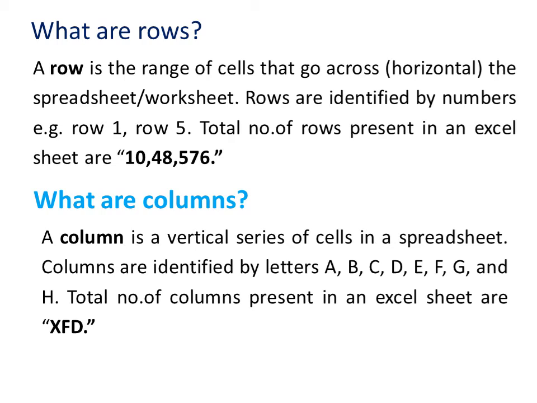The total number of rows present in an MS Excel worksheet are 10,48,576. Now what are columns? Columns are vertical lines which are present in a spreadsheet, and these columns are denoted by the letters A, B, C, D, etc. And the last column present in an Excel worksheet is XFD.